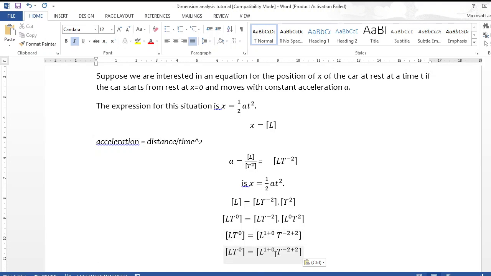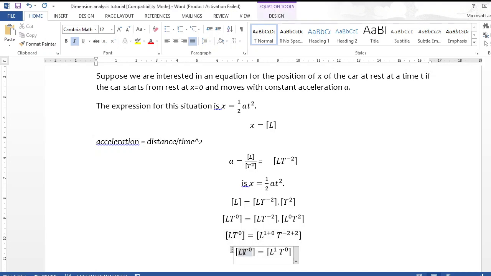If we evaluate 1 plus 0, it will be only the power of 1. If you add negative 2 plus 2, it will be 0. So you see that the left hand side has L t to the power 0, and the right hand side has L to the power 1 t to the power 0.